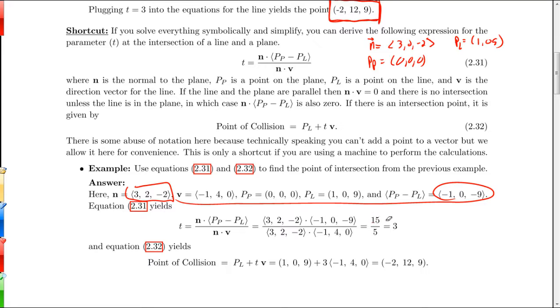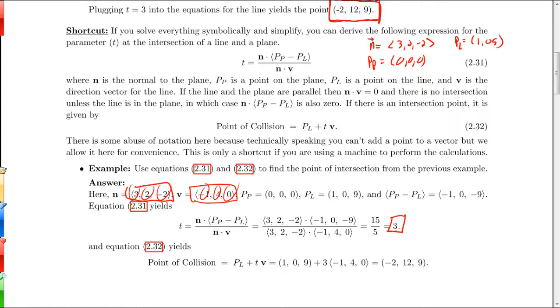Then on the bottom, you take n dotted with v, which is negative 3 plus 8 plus 0, and that's going to be 5. So the time of intersection, once again, as found by that formula, is 3.